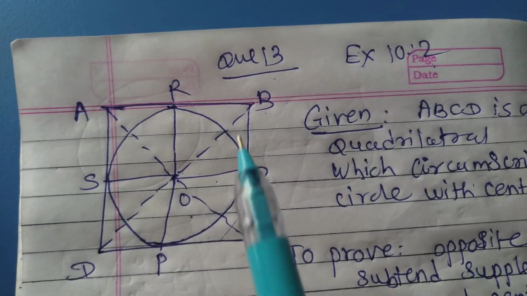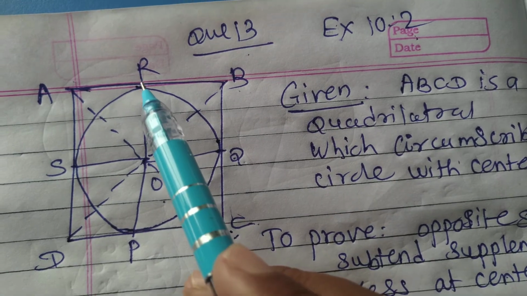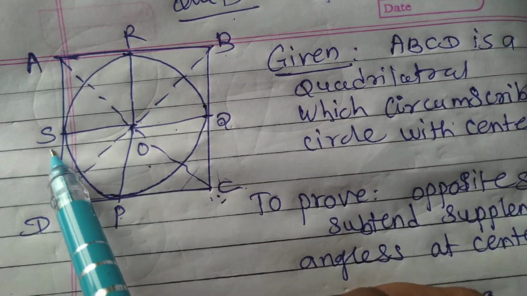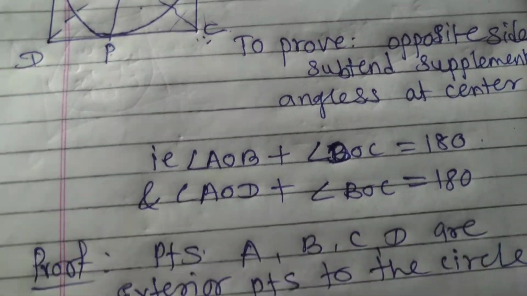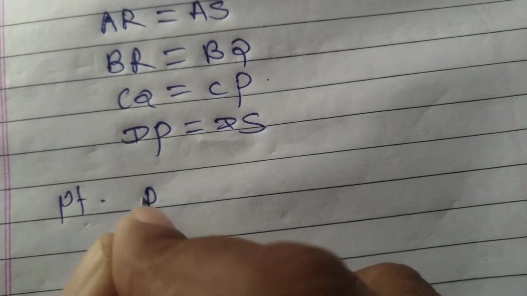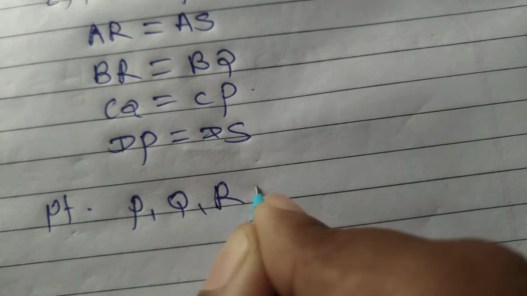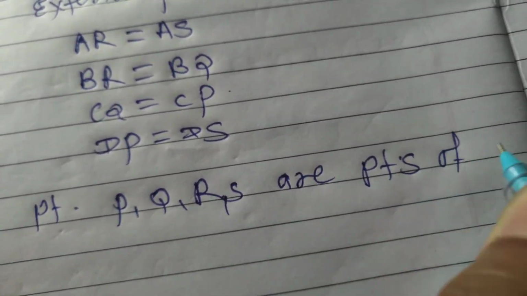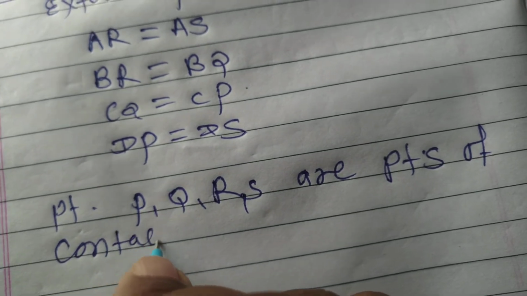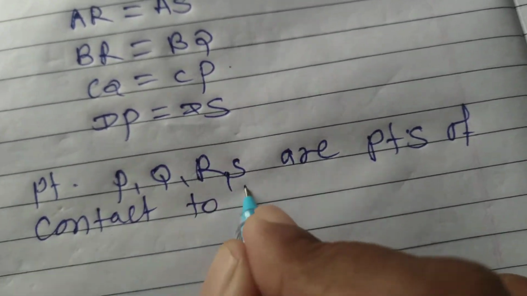Now here we join the segments P, Q, R, S. These are the points of contact to the circle.